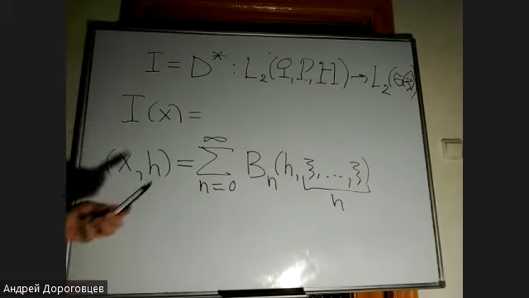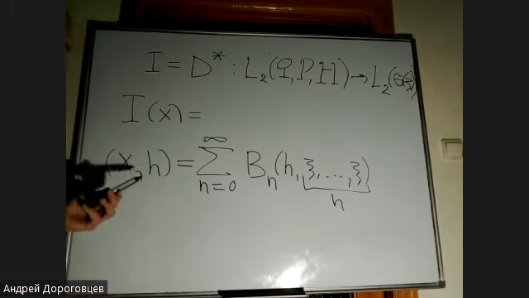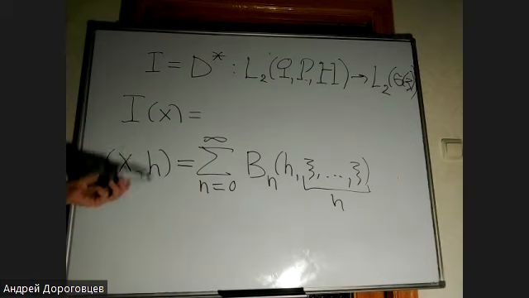It is natural because the left-hand side is a square integrable random variable which linearly depends on h.